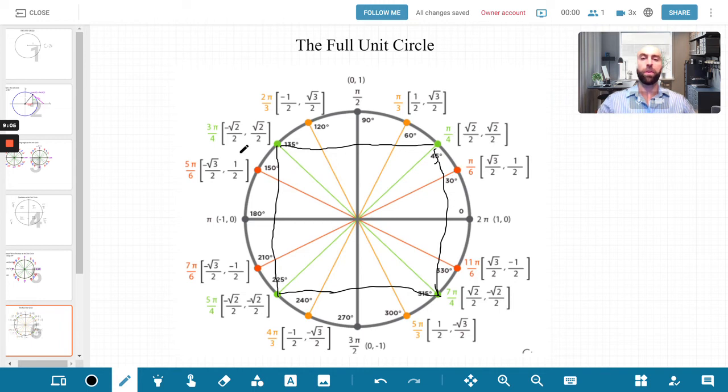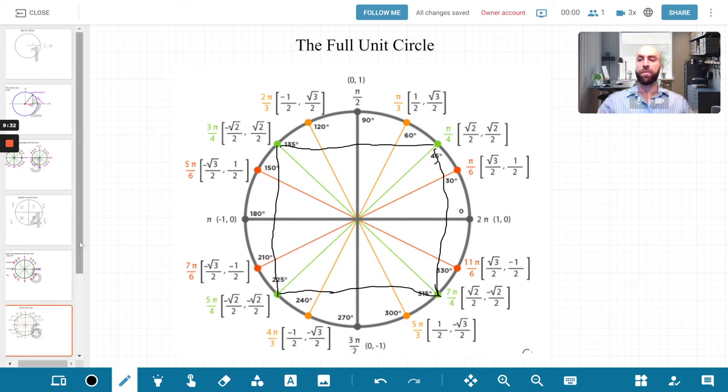In quadrant 1, they're positive. In 2, the x is negative. In 3, they're both negative. And in 4, the y is negative and the x is positive. This is true for all of the values going around. They all correspond, and they've been shown in their individual colors which points each of them correspond to. They each make different sized rectangles or a square.